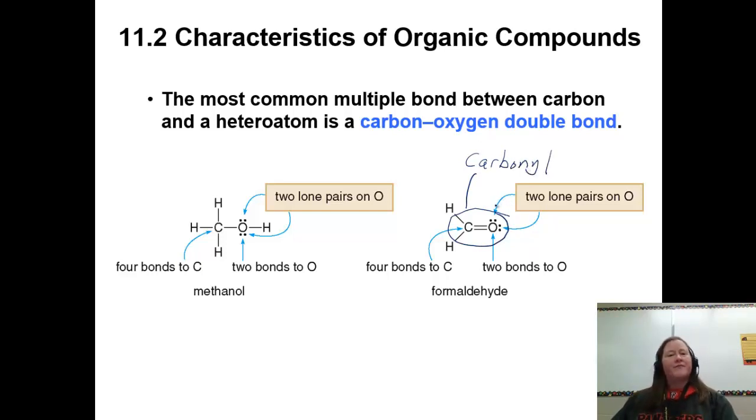If we look at this, we don't have a double bond in this one. Oxygen has 2 single bonds, and its 2 lone pairs of electrons. Here, oxygen is involved with a double bond and still has its 2 lone pairs of electrons. So this is a common double bonded atom that we see in hydrocarbon chains.